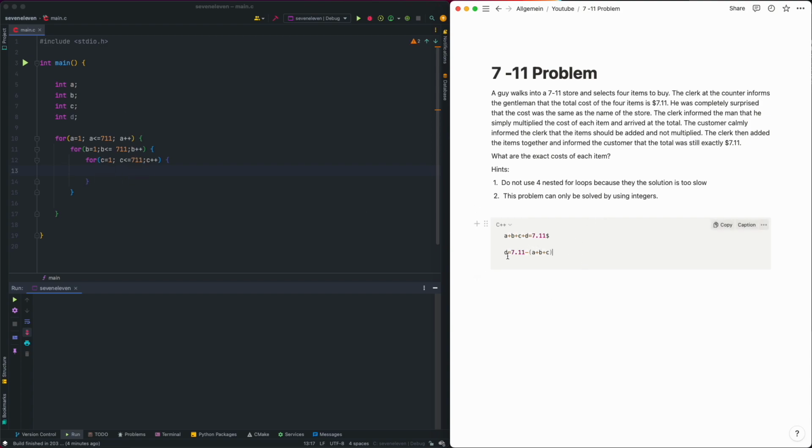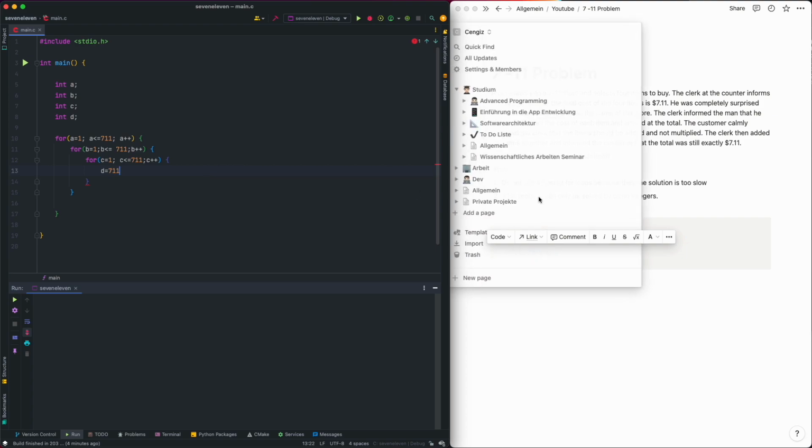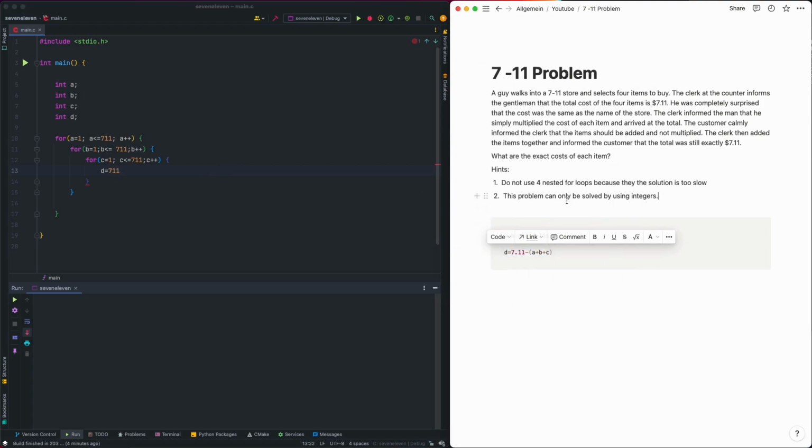Now we can actually solve this equation here. So we can say D equals 711, because the second hint says the problem can only be solved by using integers. So we will use 711 instead of $7.11. So 711 minus A plus B plus C. We have all values here, right?